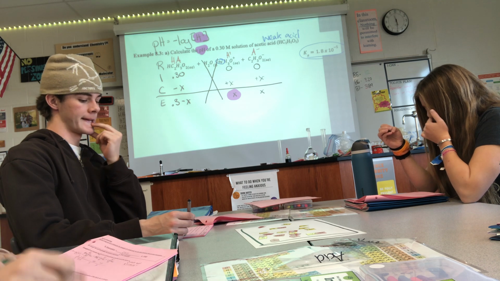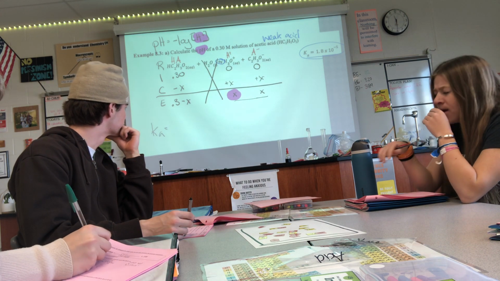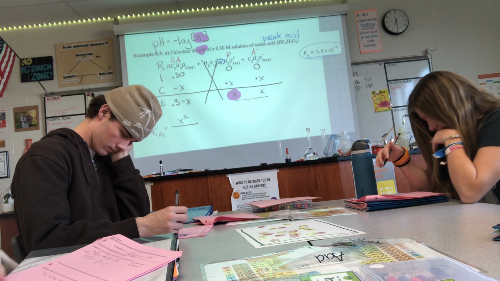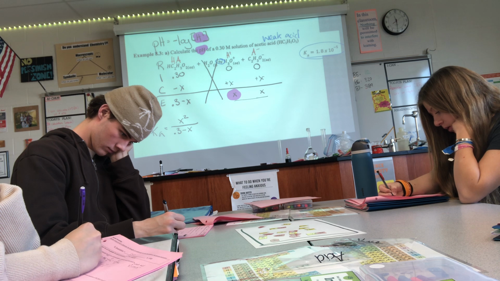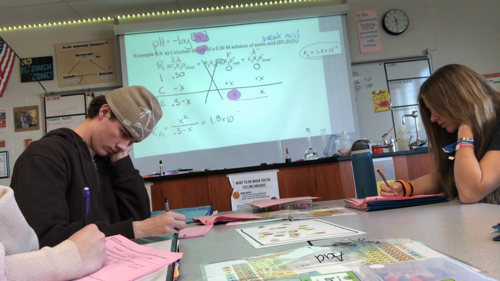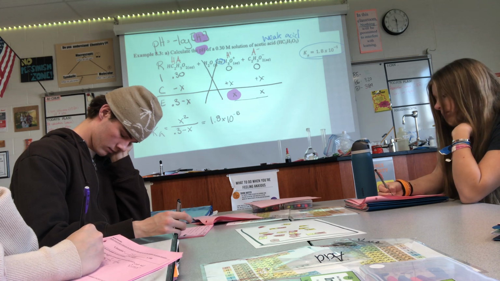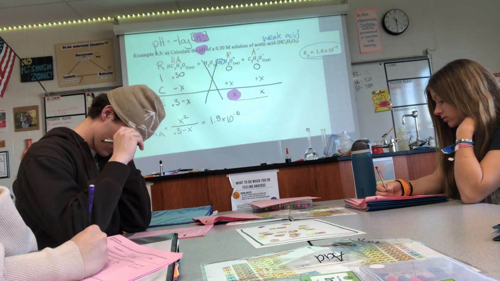Products over reactants. So my products are these two. So Ka will equal x squared over 0.3 minus x. Well, x times x is x squared. Why are those times? Because they're both on the top of the fraction, so x times x. Yeah, good clarification though.